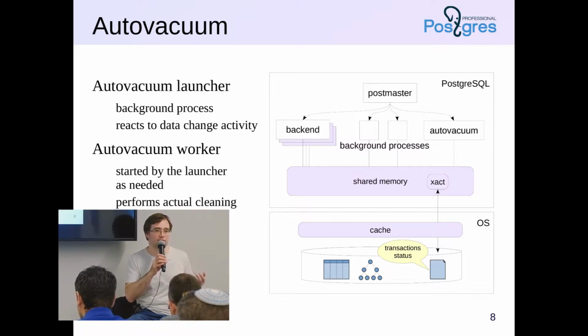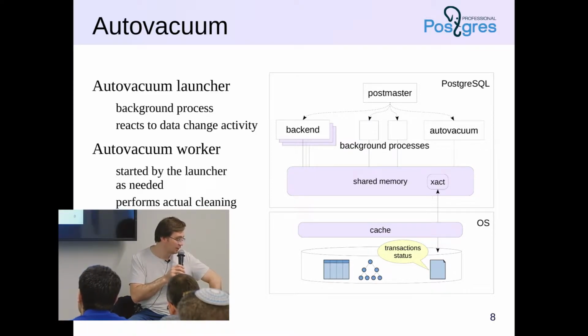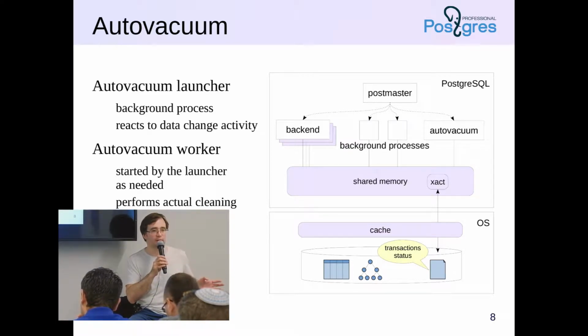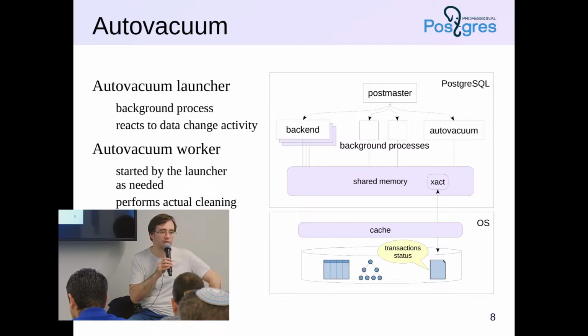It schedules work and runs autovacuum worker processes to do the cleaning. It is the preferred way. You just need to configure your autovacuum correctly, and after that hopefully it will work smoothly.